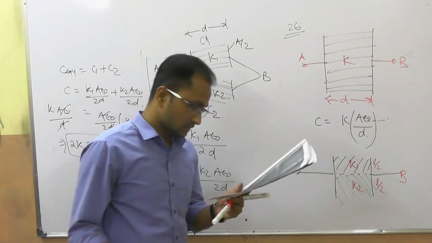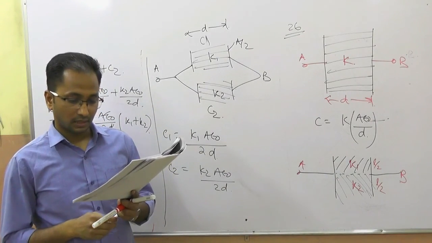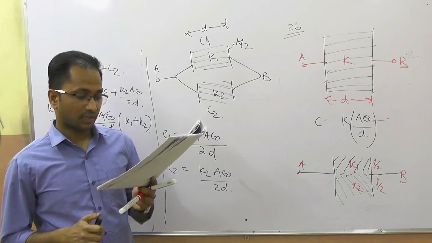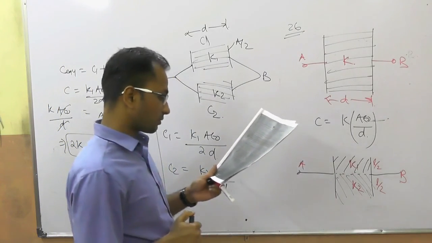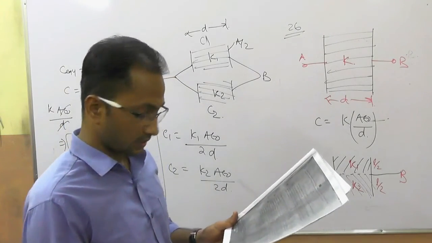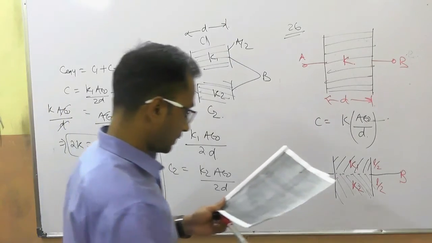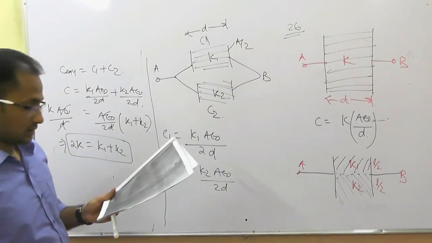Now question 27. Explain the principle of working of a meter bridge. Draw the circuit diagram for determination of an unknown resistance using it. Actually, the principle of the meter bridge is the balanced Wheatstone bridge.